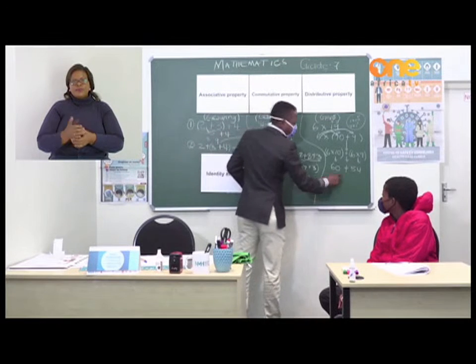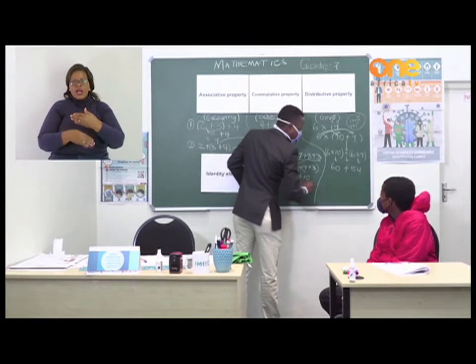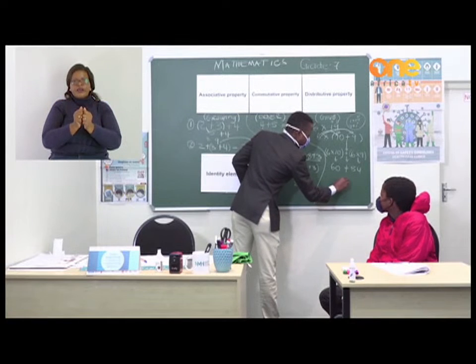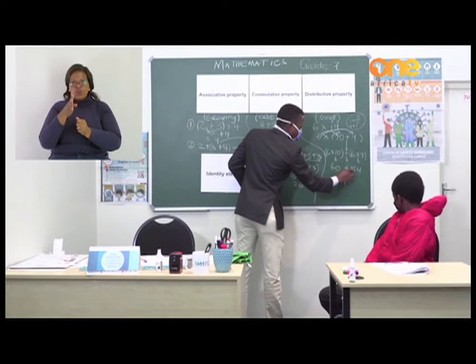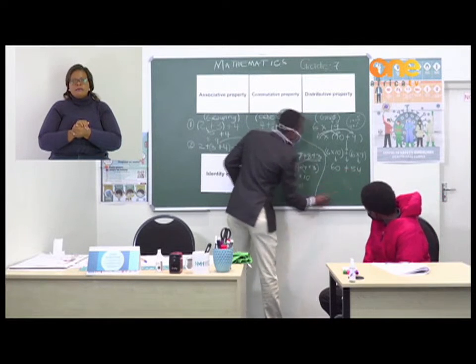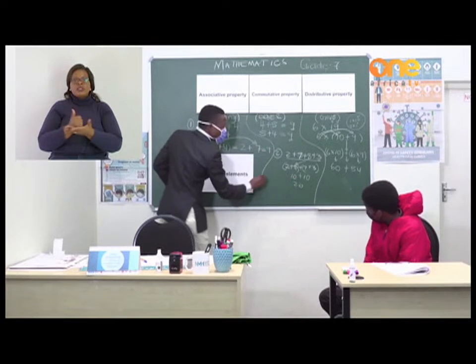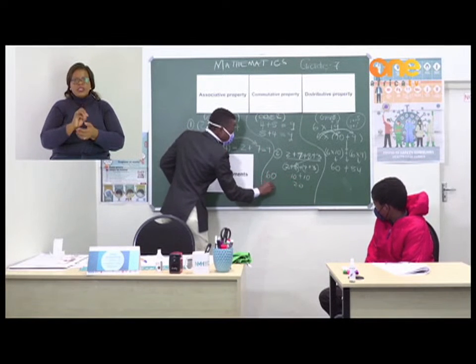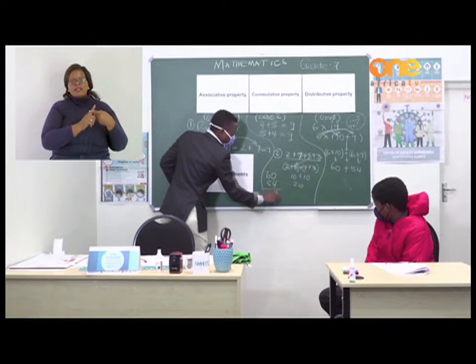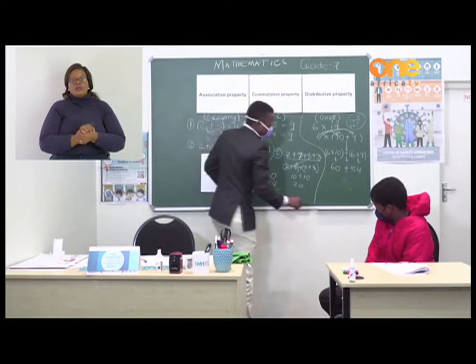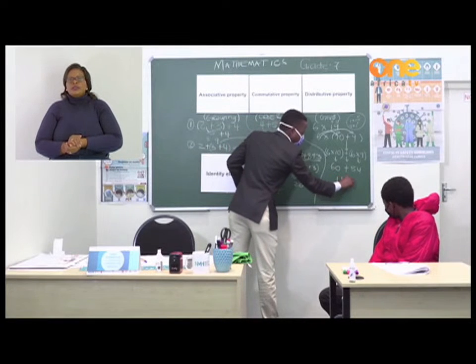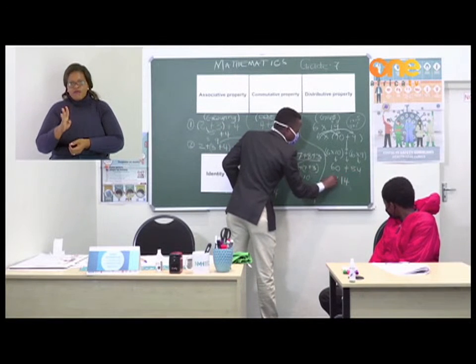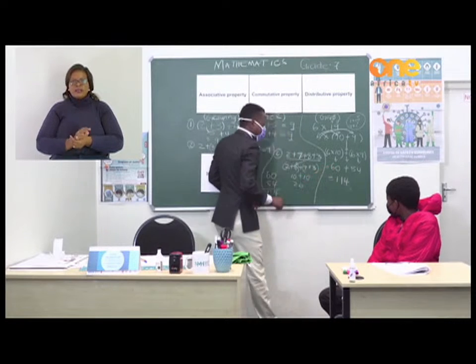And then to add these, 60 plus 54: you have 4, you have 11. And then you have 114 as your final answer.